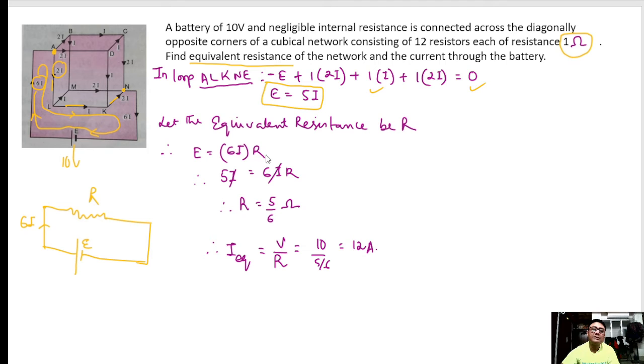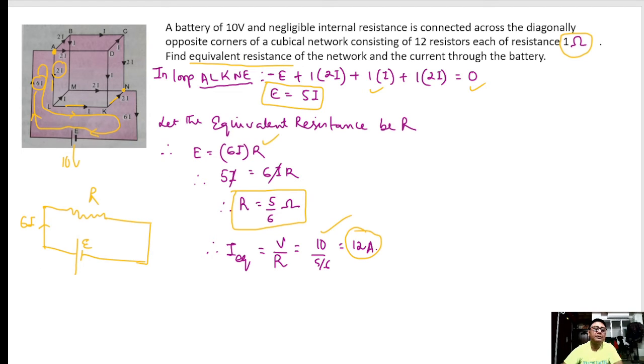E equal to 6I into R. But E was 5I, so 5I equals 6I into R, and this I cancels, so R equals 5/6. That means my equivalent resistance will be 5/6 ohm. So what is the current coming out now? Current coming out will be the potential by the resistance. So 10 volt by 5/6, it is 12 ampere current coming out through the cell, which is E of 10 volts. Clear?